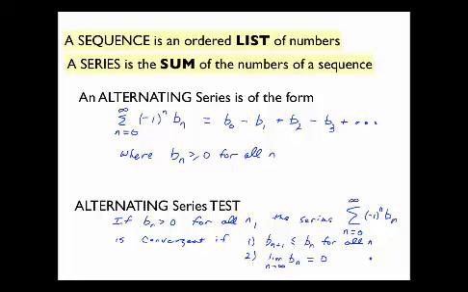So if you have an alternating series, and your sequence without the alternating goes to 0, then that does it. Okay? So let's look at an example.